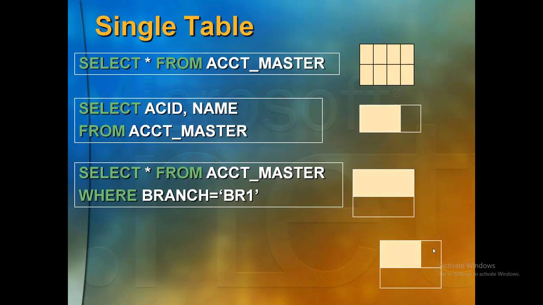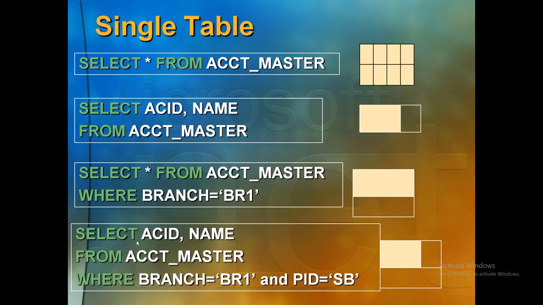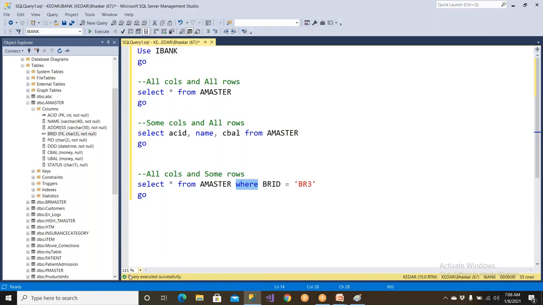The last condition is where I want to filter columns as well as rows. You can write any condition. Select account ID, name from account master table where branch equals something. You can write multiple conditions here.